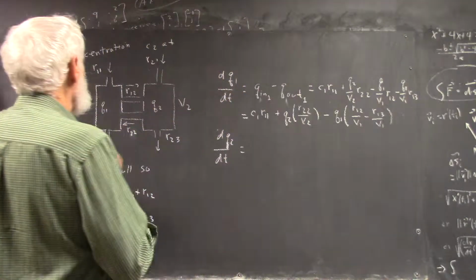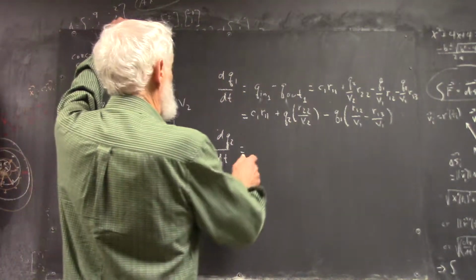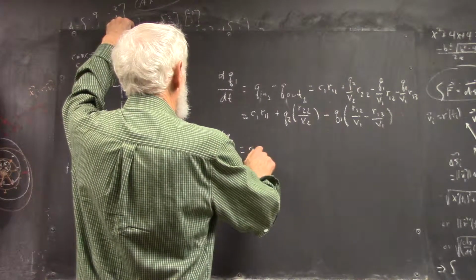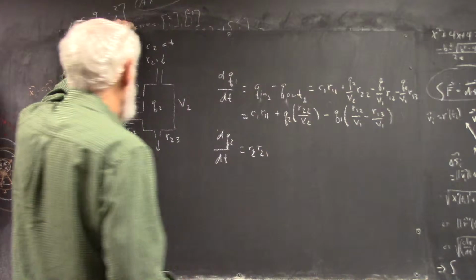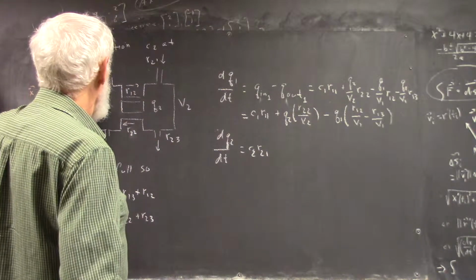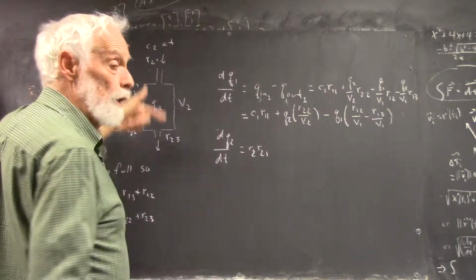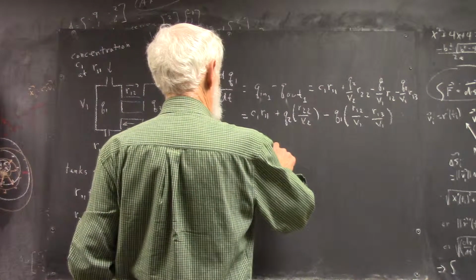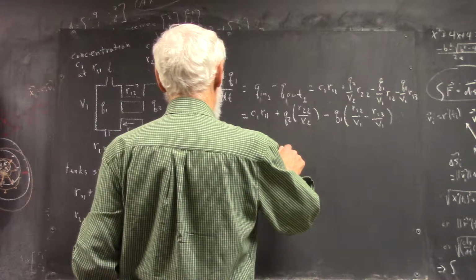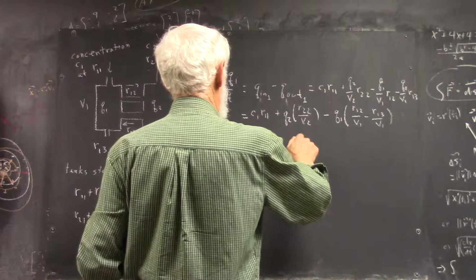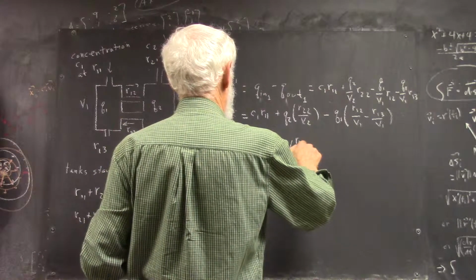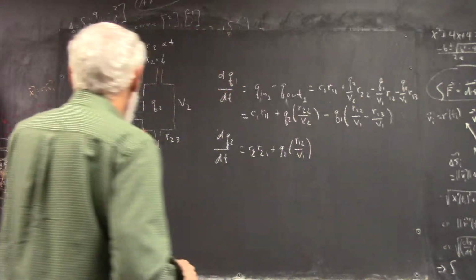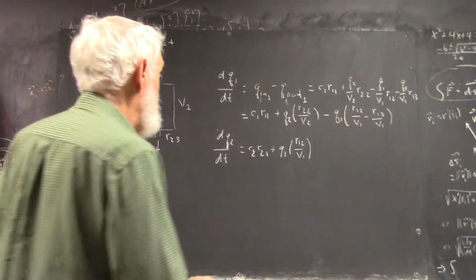Okay? So C2 at R21, so that's C2, R21. And then we have Q1 over V1, R12, right? And then what goes out?